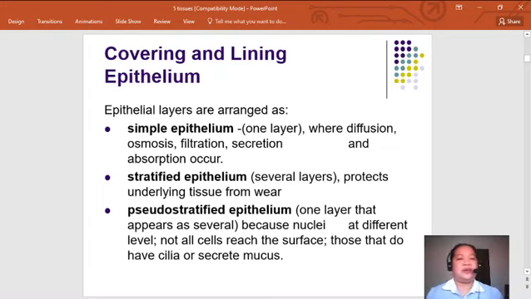This is good for secreting mucus or attachment to cilia. Mostly this type of epithelium is found in our respiratory tract.